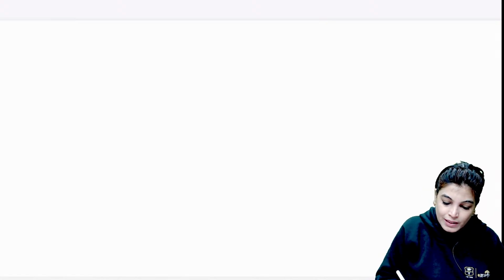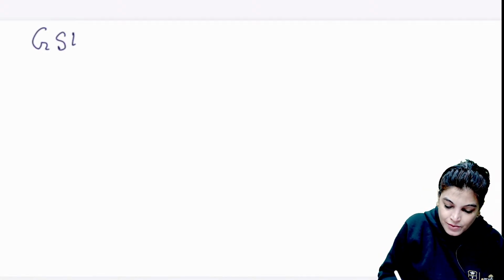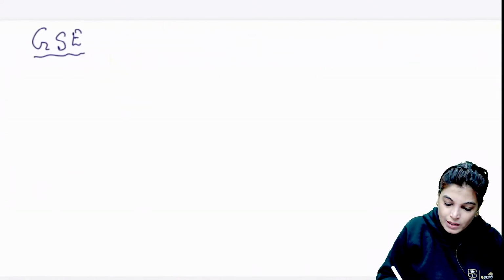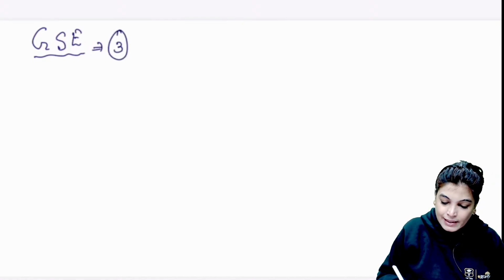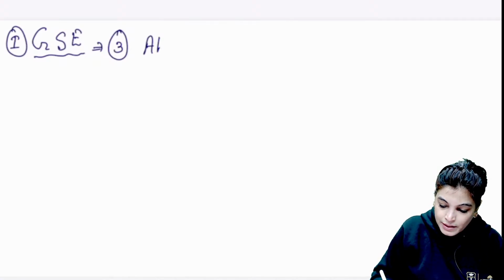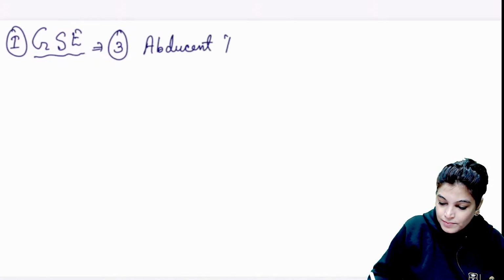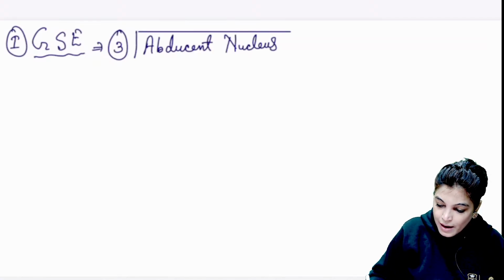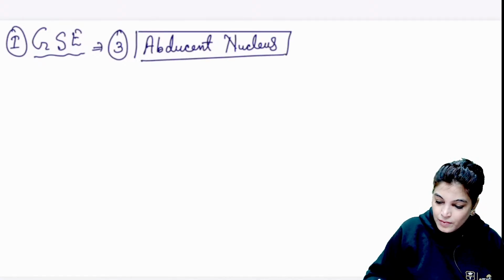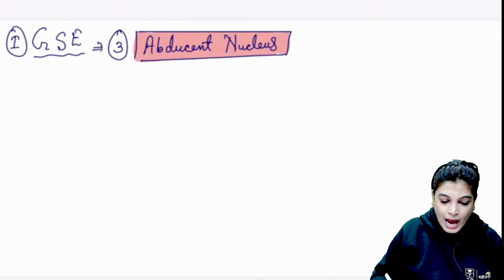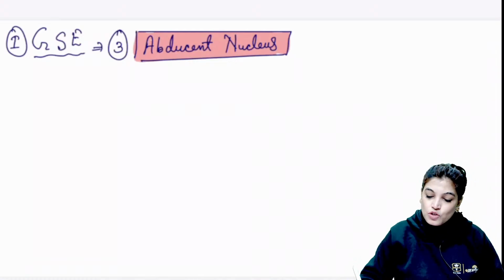Now, continuing with general somatic efferent, as I told you, we have already talked about two cranial nerve nuclei. What is the other one? The third one in this category is the abducent nucleus. The abducent nucleus also belongs to the general somatic efferent functional component nuclei, and it is situated at which location?